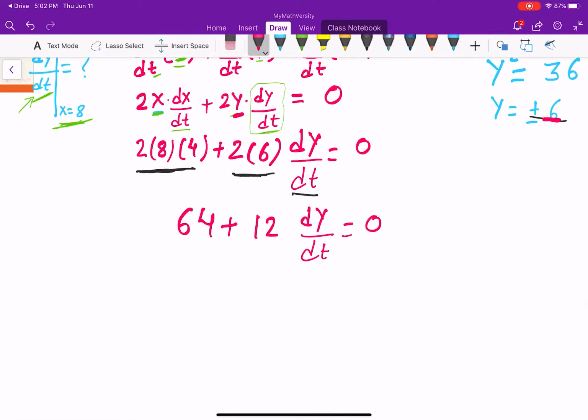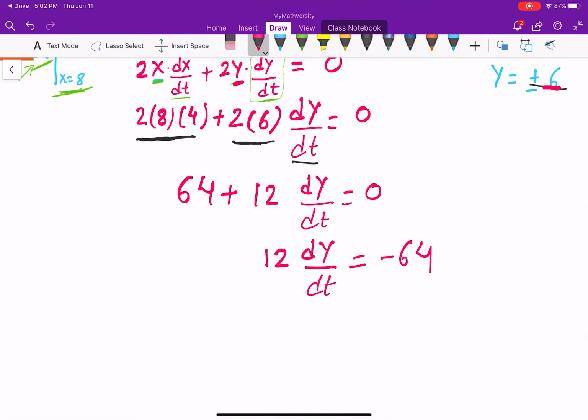So how do we isolate the derivative of y with respect to t? We first need to subtract 64 on both sides, right? Okay, so let's do that. When you subtract 64 on the left hand side, 64 minus 64 will be 0. So on the right hand side we'll have negative 64. And now how can you isolate the derivative of y with respect to t? We need to divide by 12 on both sides, or you can say multiply by the reciprocal of 12 on both sides.